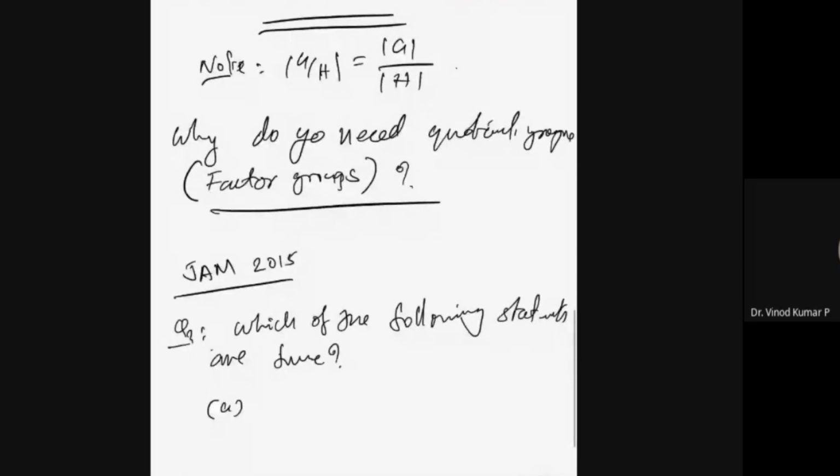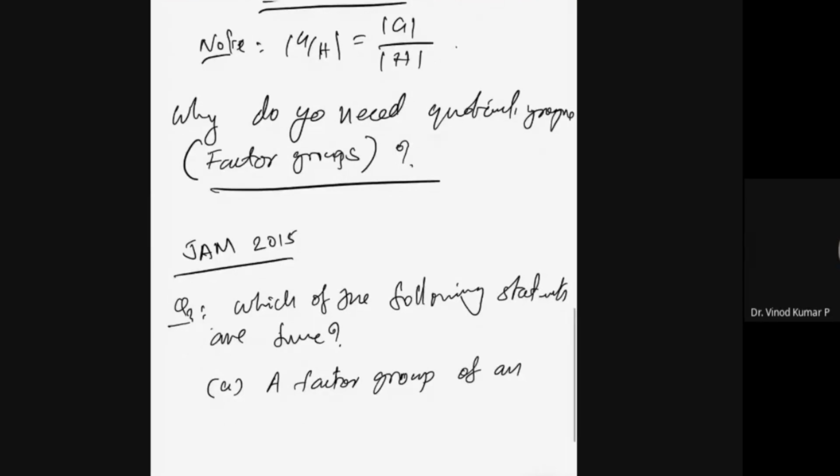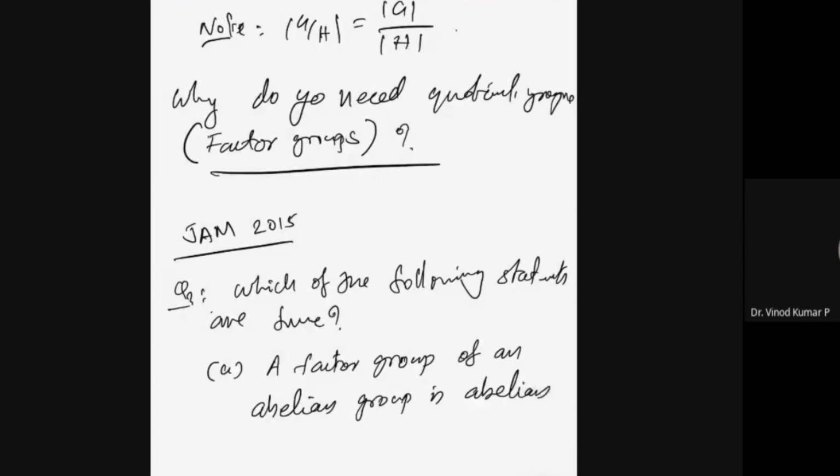The first statement: quotient groups are otherwise called factor groups. The factor group of an abelian group is abelian.